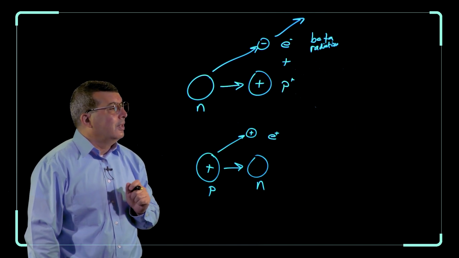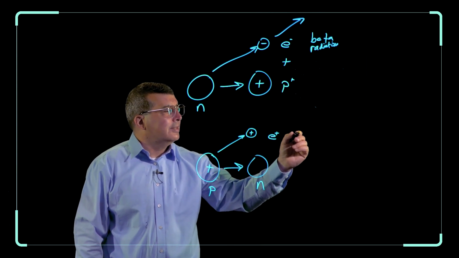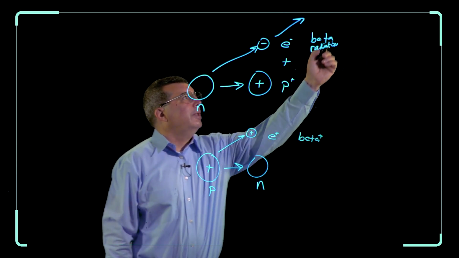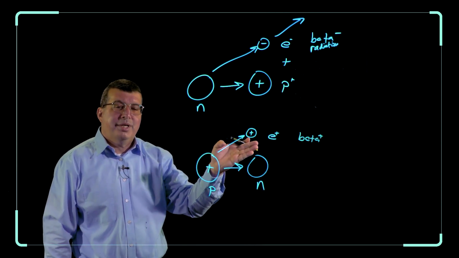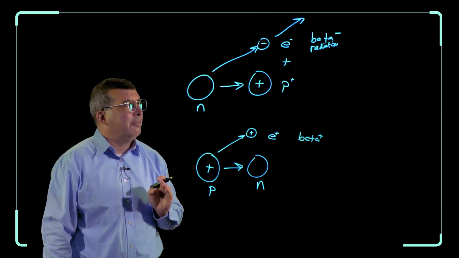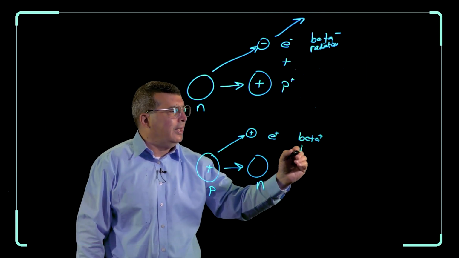So this positron is a beta plus particle, and this would be a beta minus particle. So a positive electron, also called a positron, is also called a beta plus particle. So this process would be beta plus radiation.